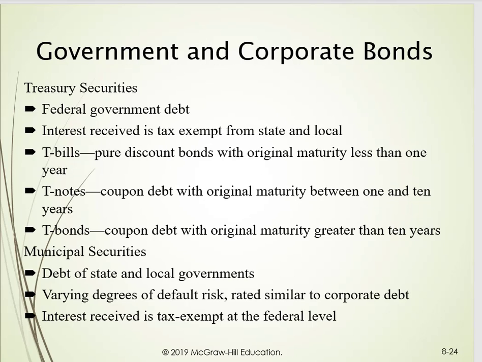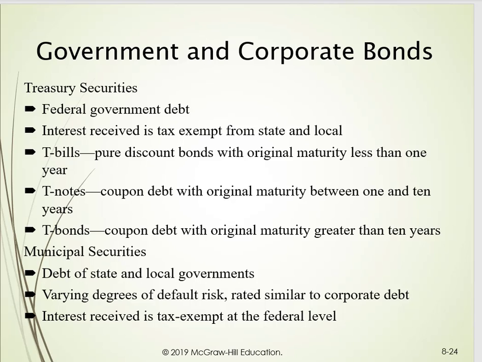So let's finish this video talking just a little bit about government and corporate bonds. And primarily, we want to concentrate on taxes. Treasury securities, obviously issued by the United States government, right? The general rule is that you pay taxes to the entity that issues the debt.